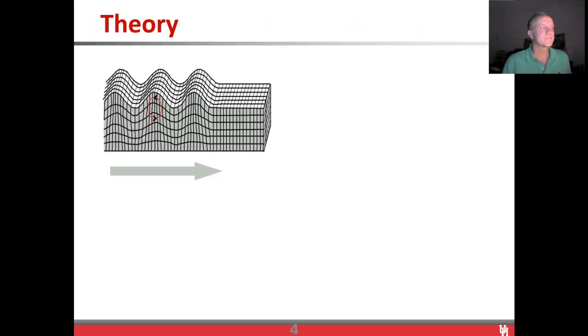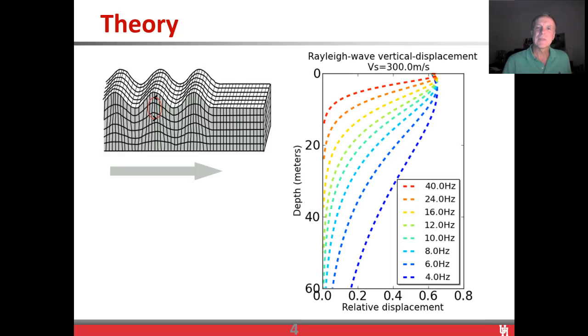So just a little background, remember that ground roll is, in the simple case, retrograde elliptical as it propagates with velocity close to that of shear waves. And when we decompose the ground roll, we can use dispersion curves to get velocity with depth.